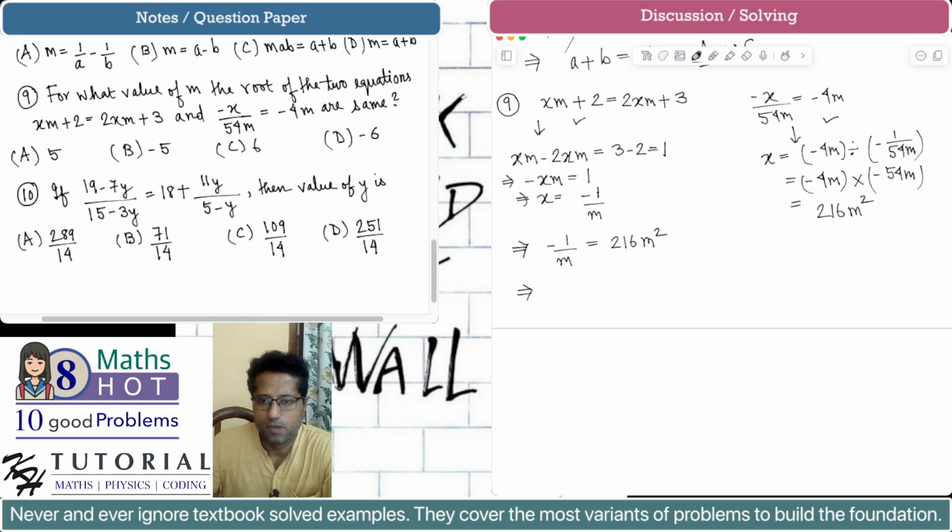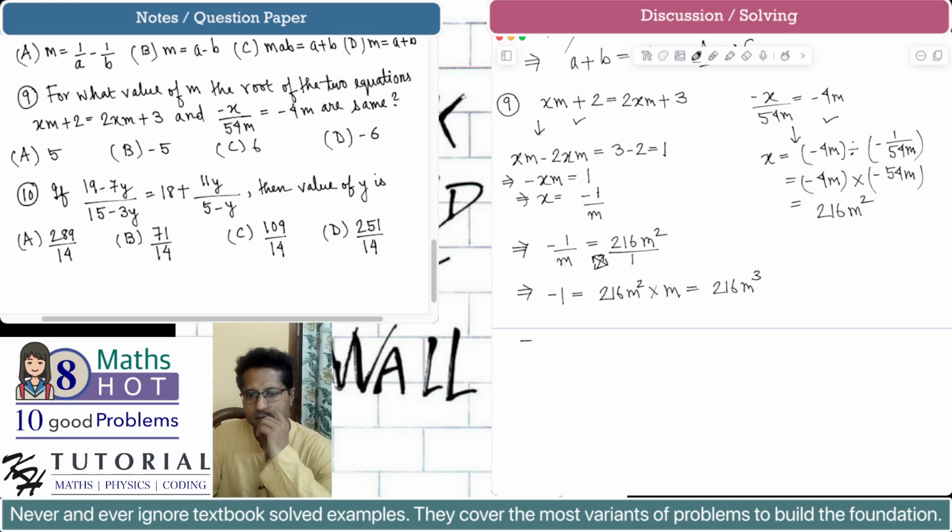Now 216 m square, we can always consider it as over 1. Now applying cross multiplication, we get minus 1 is equal to 216 m square multiplied by m, which is 216 m cube.